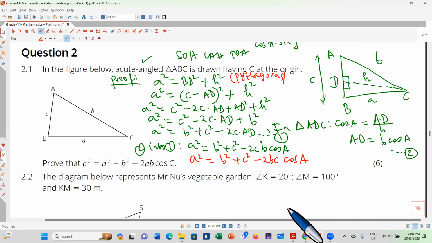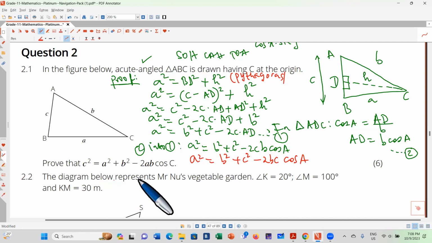And this is actually what they asked us to prove, or it's just that they played around with the sides here. You prove that c squared is equal to this.